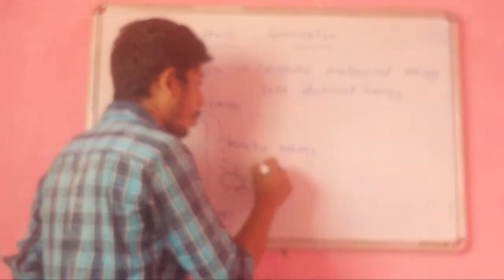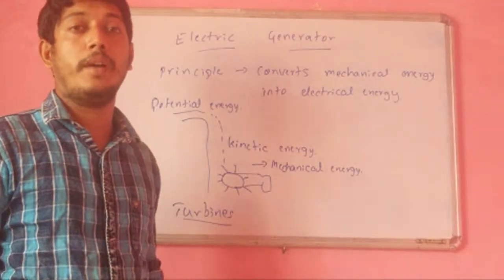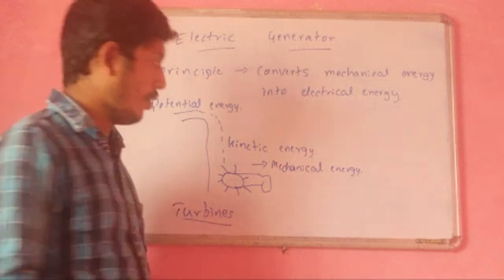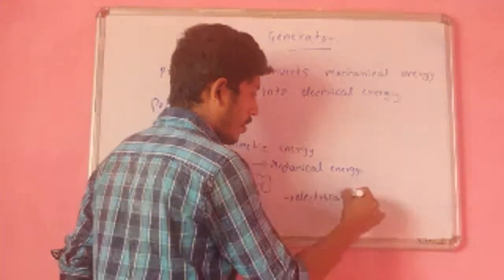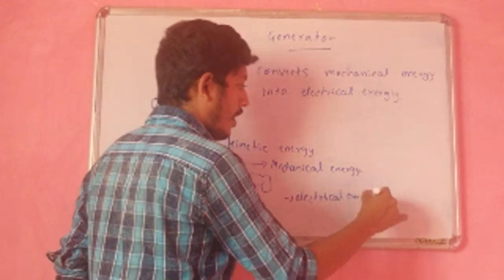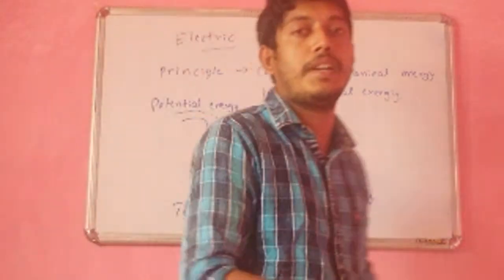That is rotational energy, which comes under mechanical energy. Then by using the turbines and generators, we produce electrical energy as the final product.